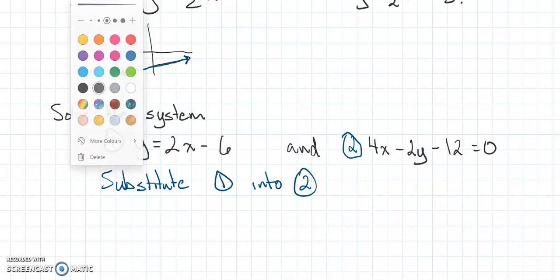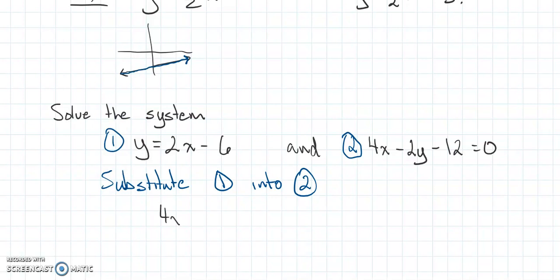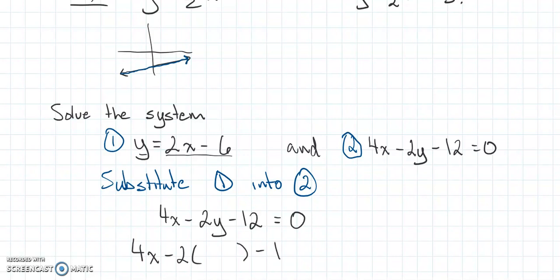So that means we're going to take the equation for 2, 4x minus 2y minus 12 equals 0, and just replace wherever we see the y, we're going to write 2x minus 6. So we got 4x minus 2 times 2x minus 6, minus 12 equals 0. So I'm replacing the y with 2x minus 6.